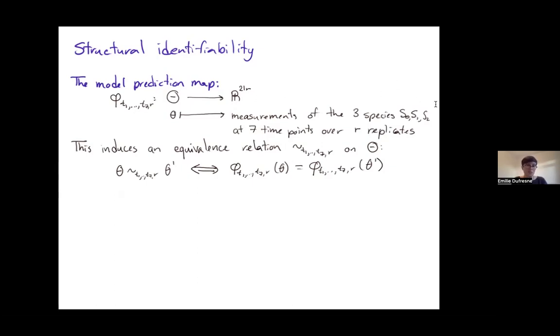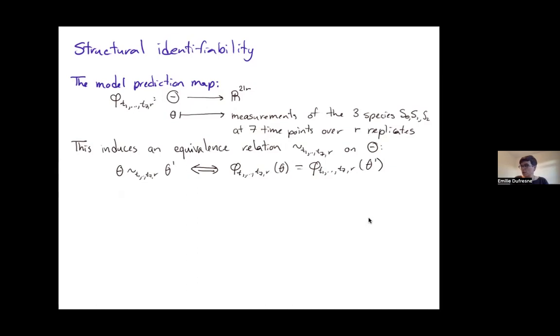Well, it's going to be in the real positive octant of this, obviously, because it's going to be the measurements of the 3 species S0, S1, S2 at 7 time points over R replicates. So this is my model prediction map. It takes a parameter and tells me what the measurement should be according to the model, supposing that we can measure exactly and what we're modeling follows exactly the model.